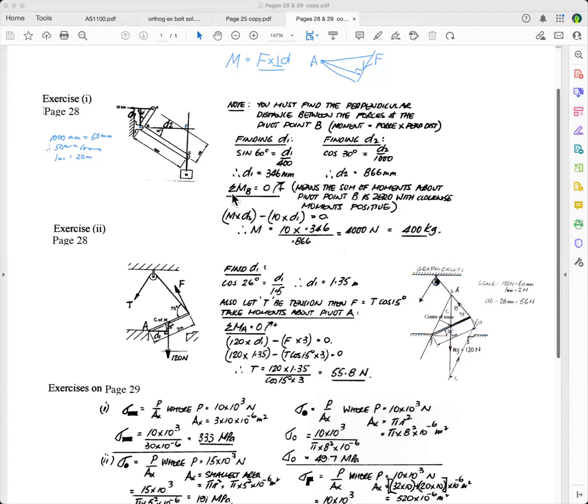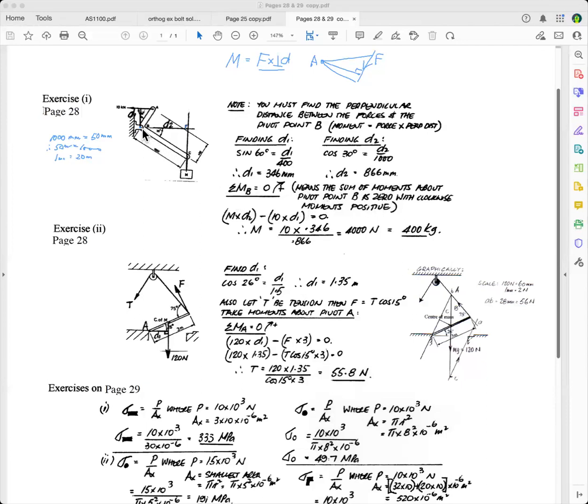We've got to use algebra because we've got to use positives and negatives, because we're using vectors and they have sign. So let's say the sum of the moments about B equals 0 with clockwise positive. I generally use clockwise positive, most people do.